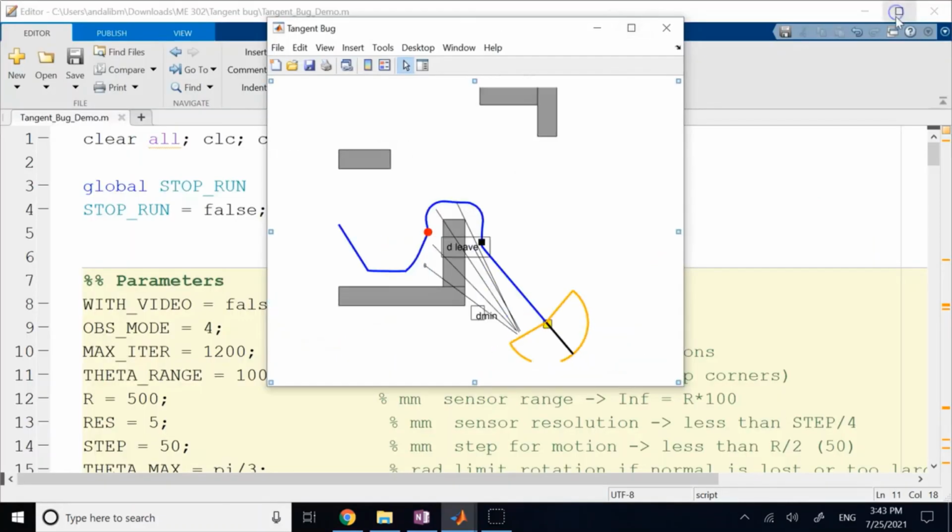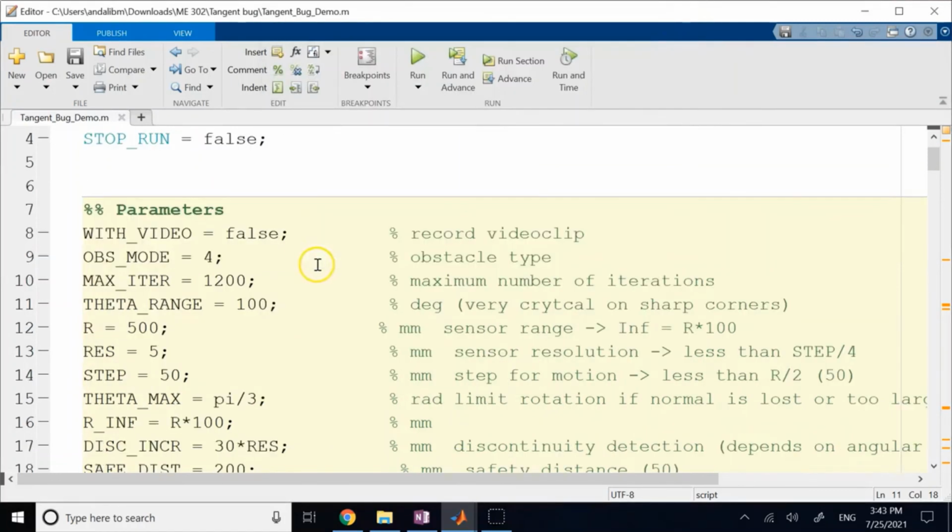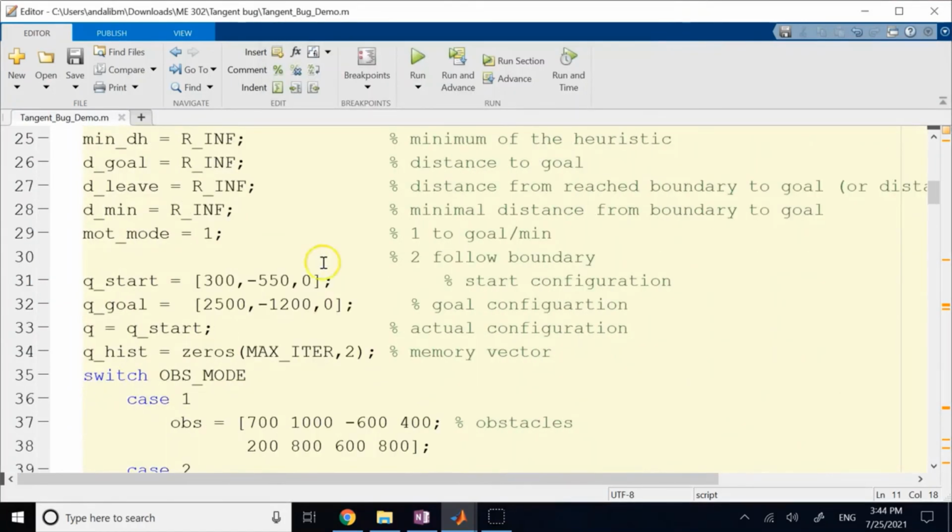Now I should be able to move this a little bit further. Maybe I can bring it down here, put it right below the start position. So if we go down, here is the start at 300, negative 550. Let's see if I can go right below that.